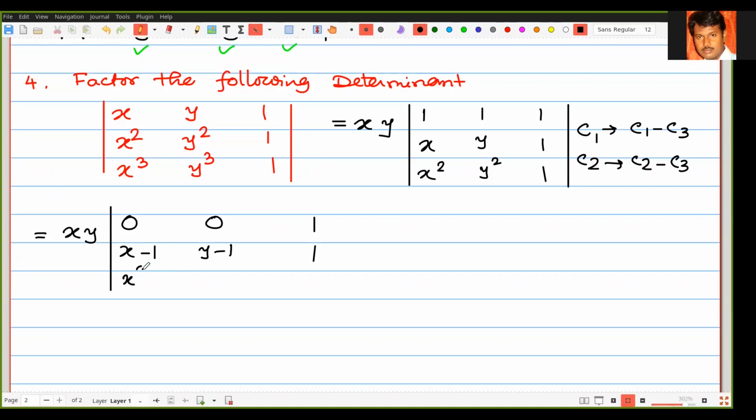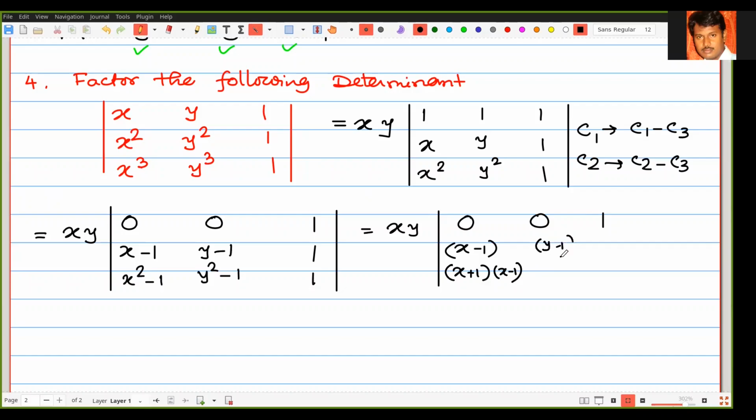So x square minus 1 and y square minus 1, and that one is 1 again. So we can write it as 0, 0, 1, x minus 1, x plus 1 into x minus 1, y minus 1, y plus 1 into y minus 1, 1, 1.